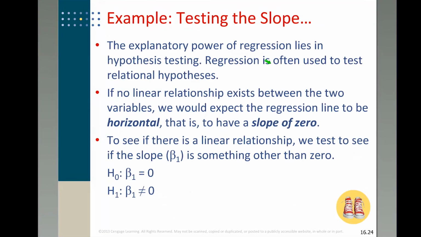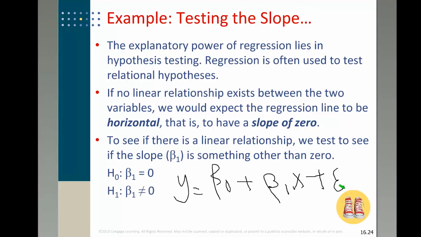Now think about it. When beta 1 is equal to 0, okay? Let me write it. So we have y equal to beta 0 plus beta 1 x plus the error term as our regression line. This is our original simple linear regression model, right?